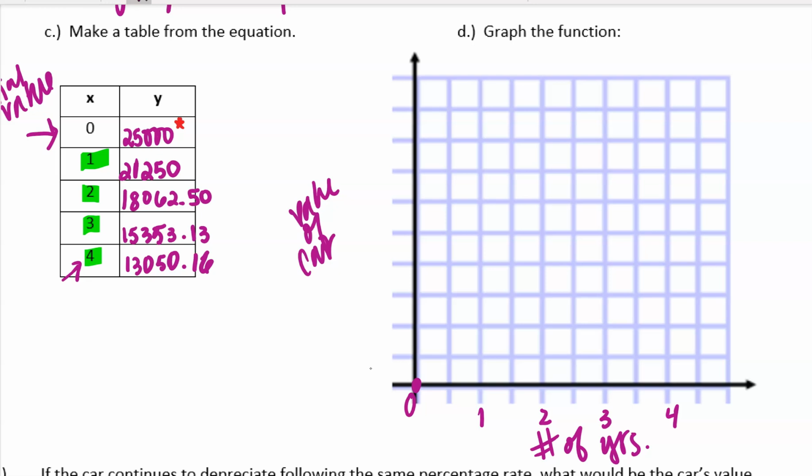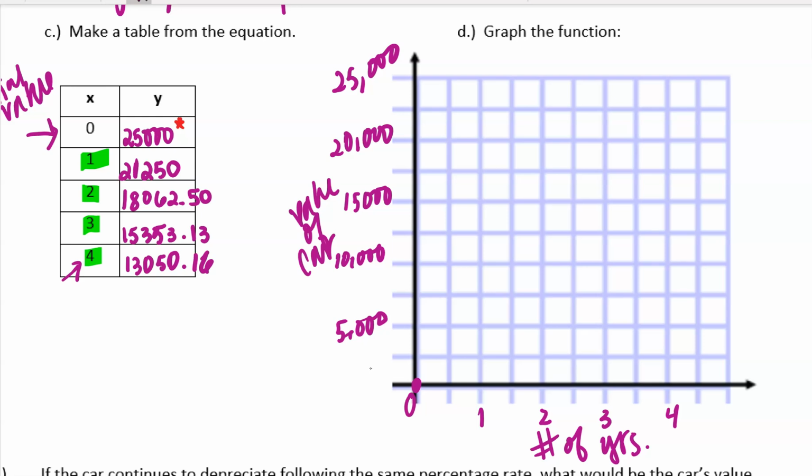So I think I want to start at 5,000 right here. Okay, that means every other one, so that would be 10,000, 15,000, 20,000, and the very top line should be 25,000. Again, you can set up your graph how you want, just make sure all the information is there.